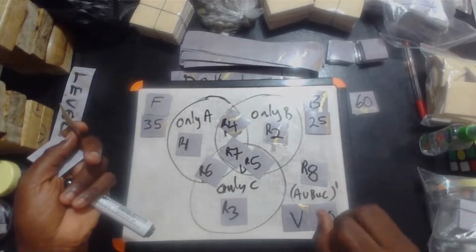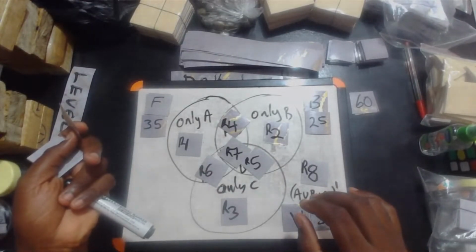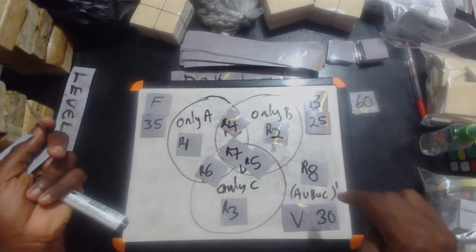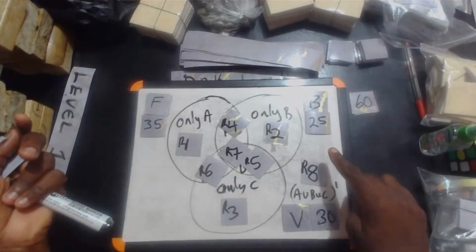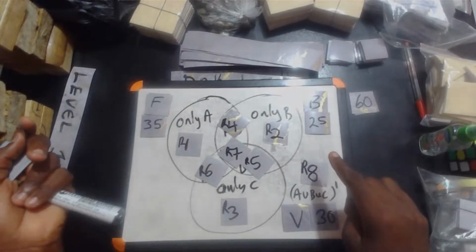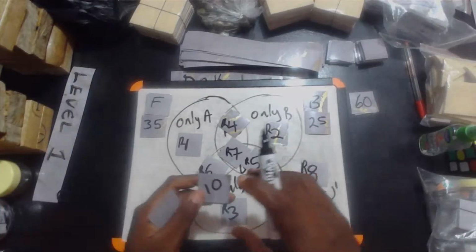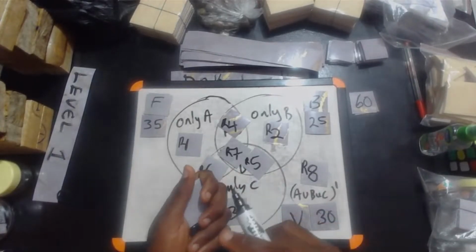Yes, 35 students like football, 30 students like volleyball, like we have here, 25 students like basketball, 15 like football and volleyball. So, football and volleyball. Yes. 15 like football and volleyball.